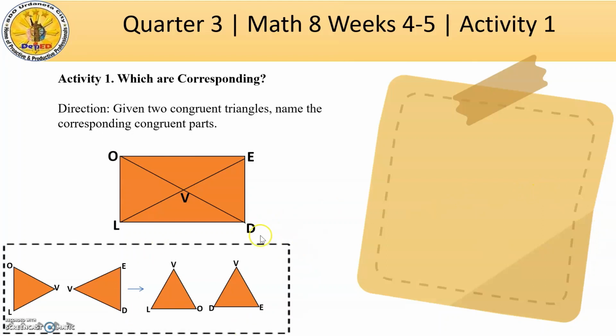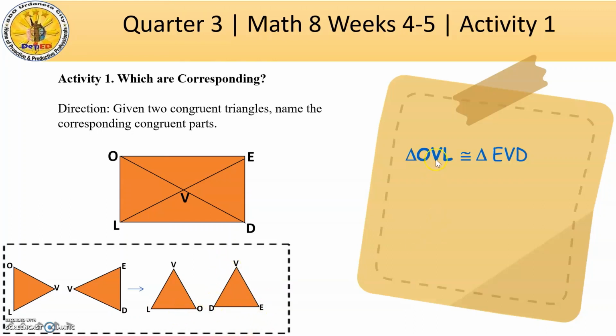Now, it's easier to identify the corresponding parts. Triangle OVL is therefore congruent to triangle EVD.